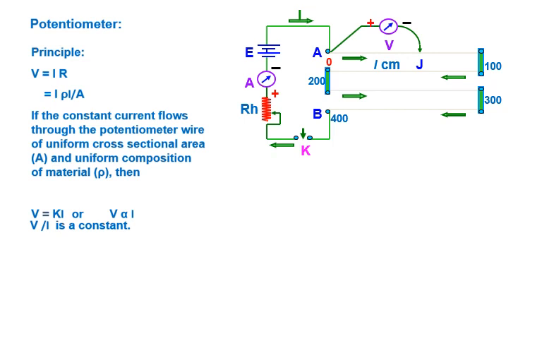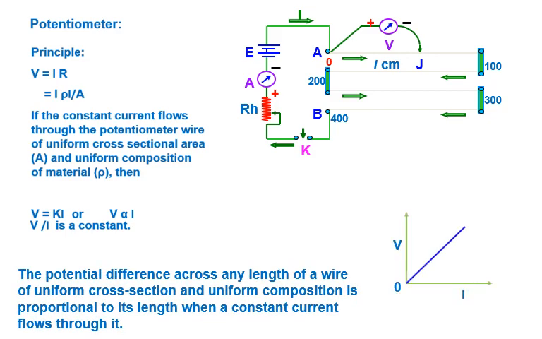Therefore, when a steady current I flows through the wire, then I rho by A is a constant, and that constant is denoted by K. Hence, V equals K into L, or you can say that V is directly proportional to L.